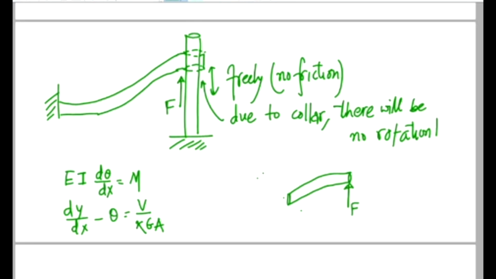Then the beam is not allowed to rotate due to collar. So that means the pole is going to exert some reaction moment also. You see, whenever there is no rotation, that means there has to be some reaction moment. You can recall the table. So there is a reaction moment which is an unknown. Let's call it ML, and that's an unknown.